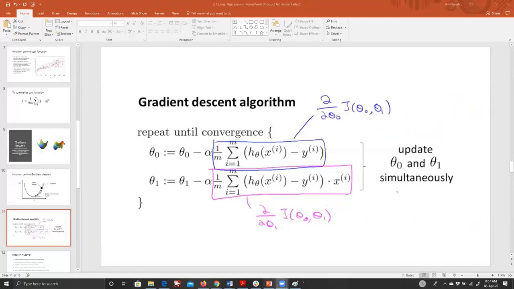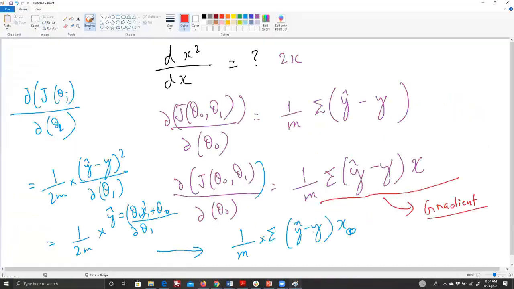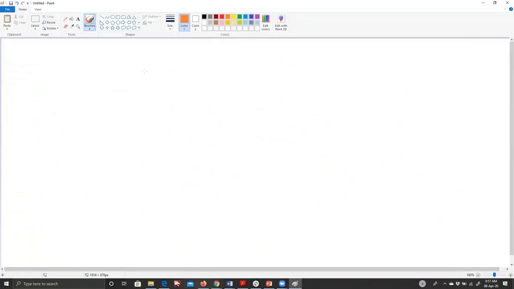So the idea is that step by step we are going to update the thetas. So first theta 0, let's say, has to be updated. So with the previous value of theta 0 minus 1 by m with the gradient step, whatever the gradient has come, because gradient has the magnitude as well as the direction.